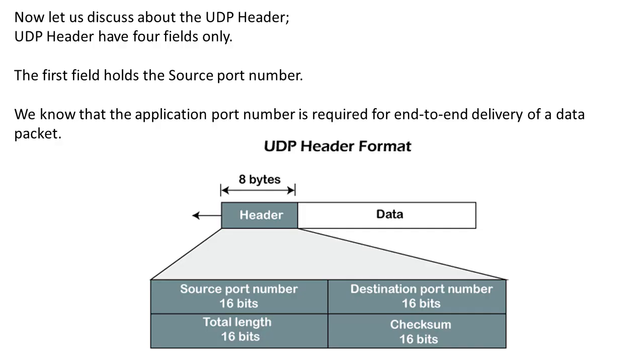Now let us discuss the UDP header. The UDP header has 4 fields only. The first field holds the source port number. We know that the application port number is required for end-to-end delivery of a data packet.